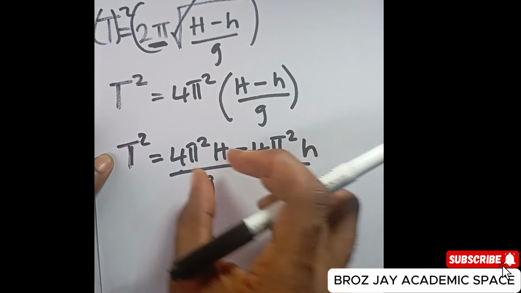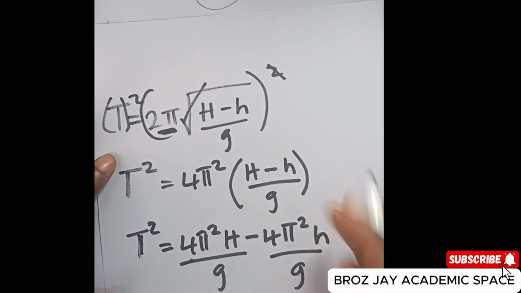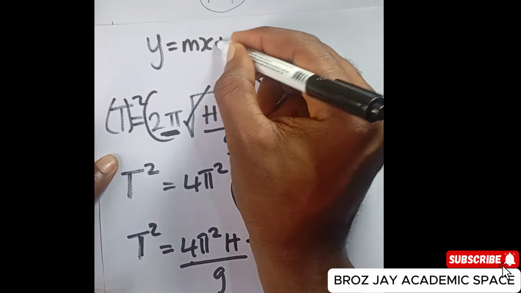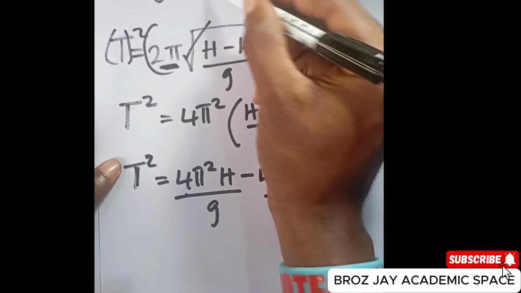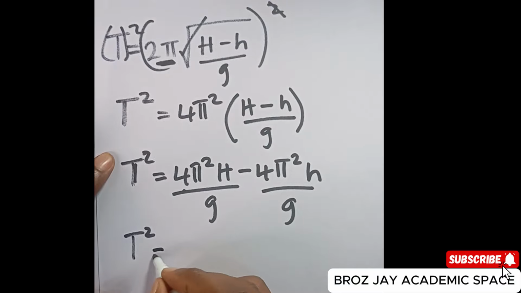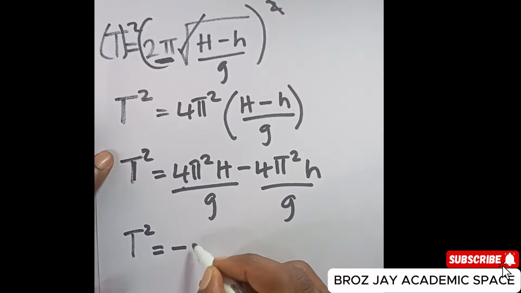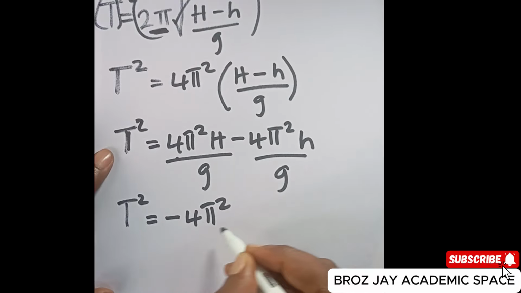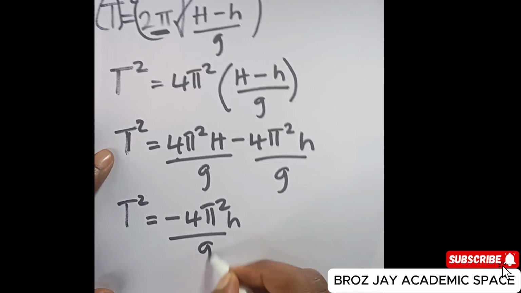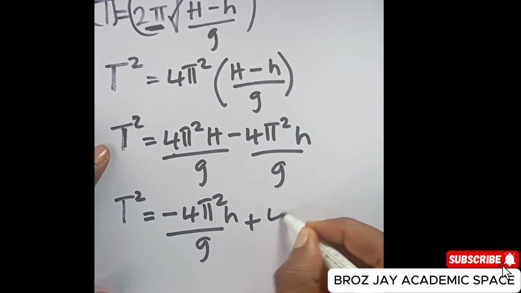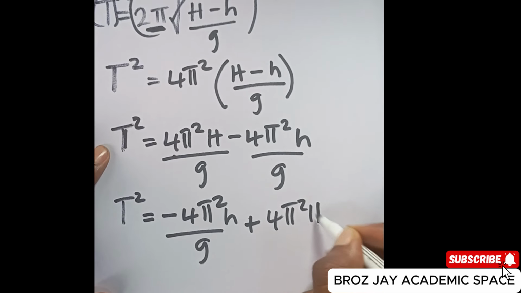So we need to carry this to look like the general graph equation y is equal to mx plus c. So your x is supposed to be here. So therefore my t square is equal to minus 4 pi square small h all over g, plus, we move this here, 4 pi square capital letter H all over g.